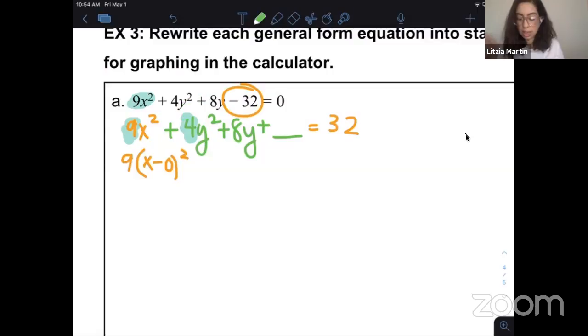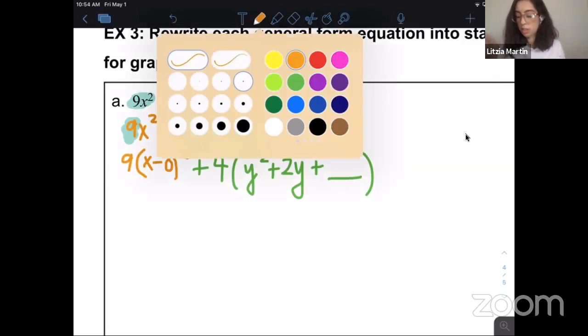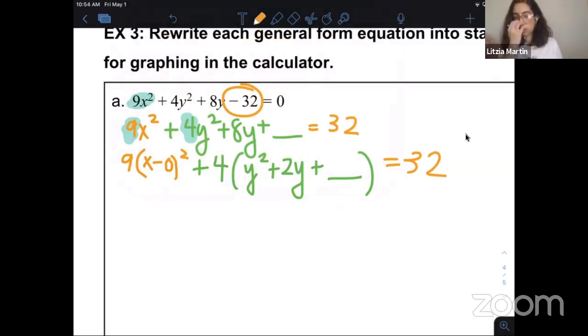So I can take out the 4, and that leaves me with y squared plus 2y plus blank equals 32. Notice the blank is inside of the parentheses.